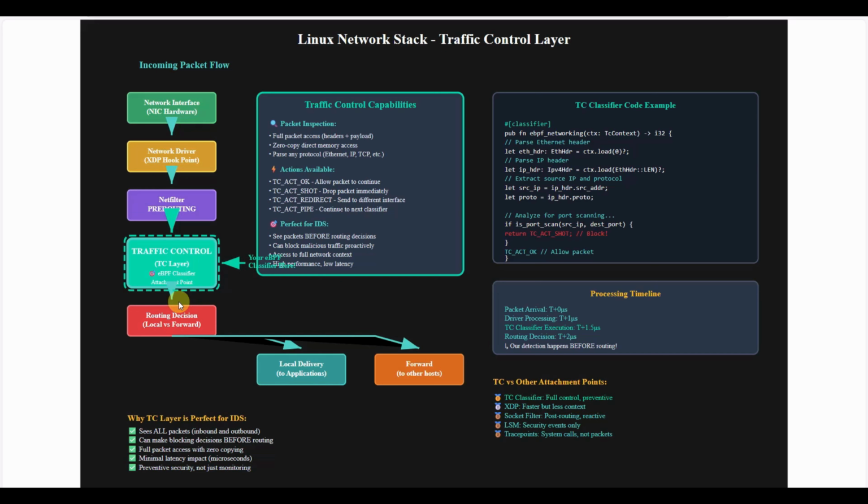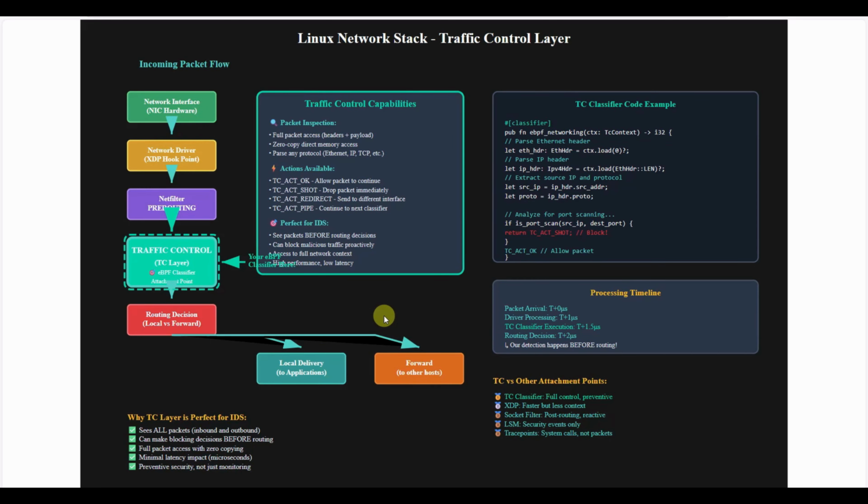The key advantage here is that we see the packet before the kernel makes the routing decision, so we can catch the attack early and even prevent any malicious attack from happening. For our port scanner detector, the classifier will examine every TCP and UDP packet, track the connection pattern, and alert us when the scanning behavior is detected.